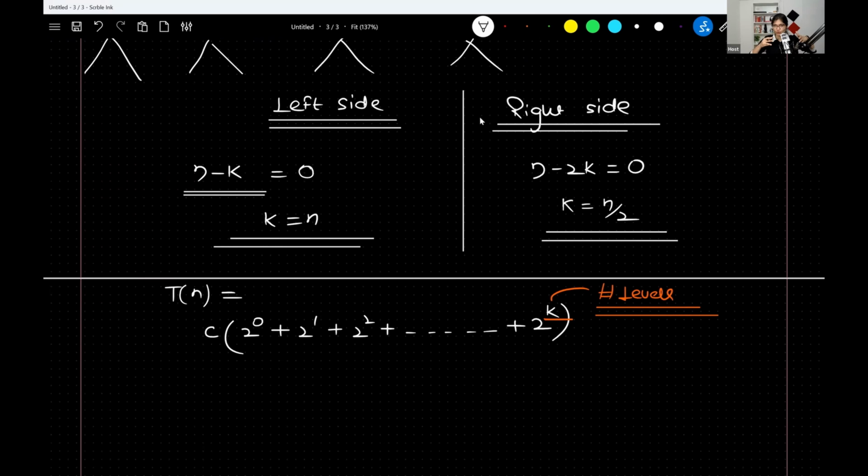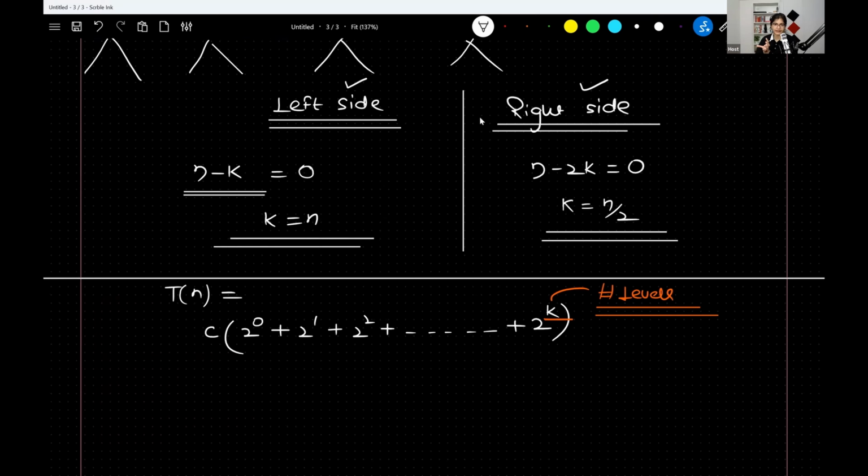But the question is, which one is the bigger level? That is where we have to focus, because we are computing our worst case time complexity. Is the left side level bigger or the right side level bigger? Left side. So if we cover the complexity of the left side, automatically the right side will be covered, right?